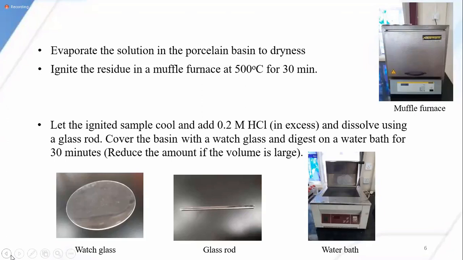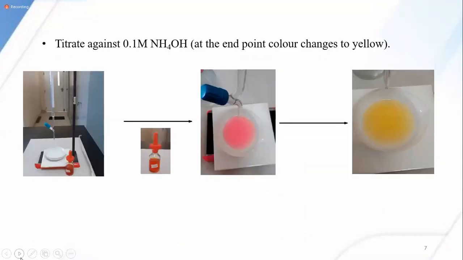If you place the crucible, you have to cover it with the crucible cap, or you can cover the porcelain basin with a watch glass. Please carefully see the pictures, because this may appear in your spot examination. So you all know the titration procedure.